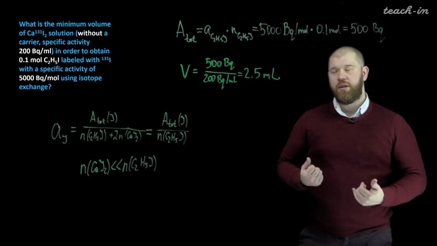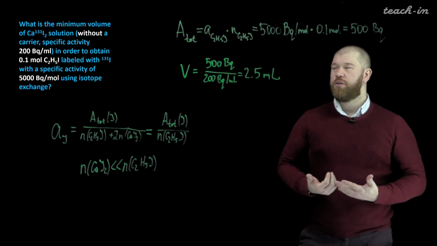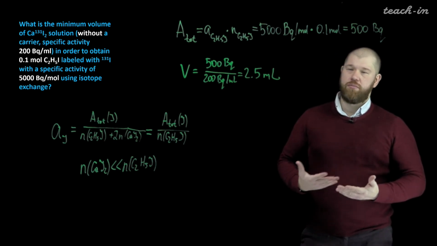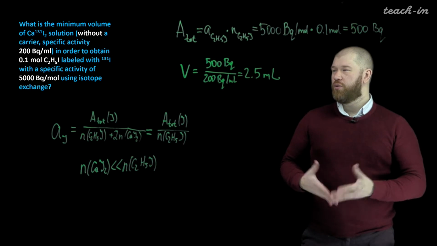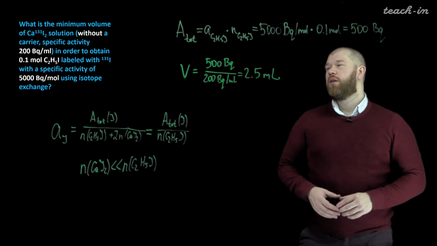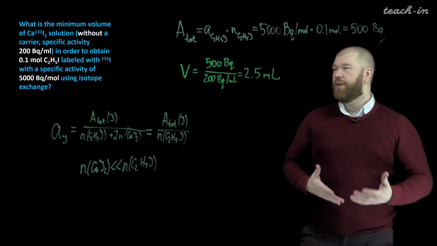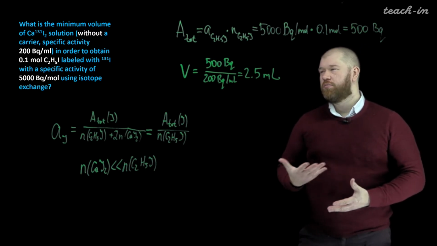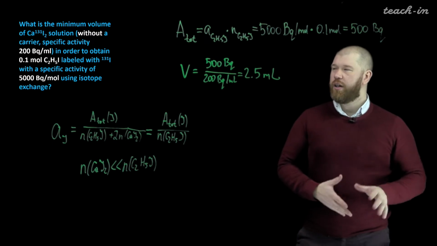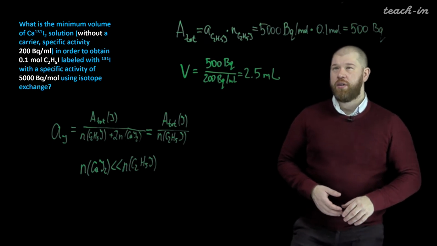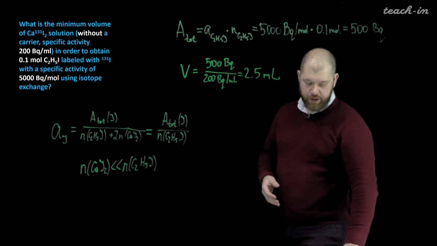You just mix aqueous and organic solution, and due to the isotopic exchange, you will get the labeled organic compound. And you can use it further for some reactions to label other organic compounds, etc. So let's go to the next task.